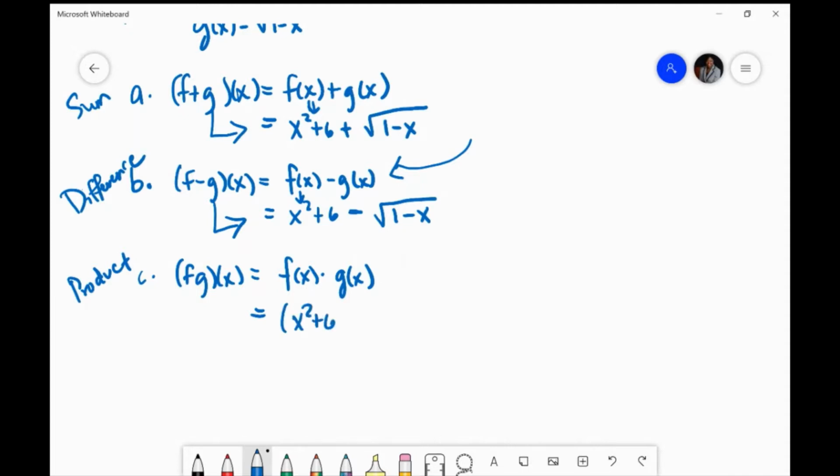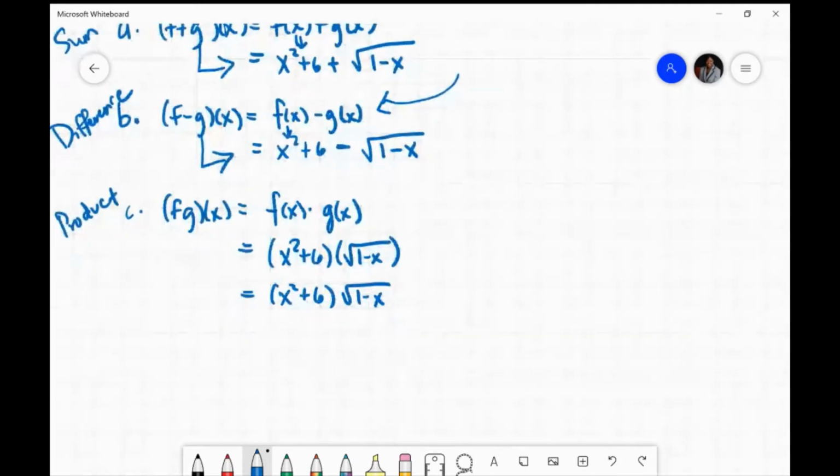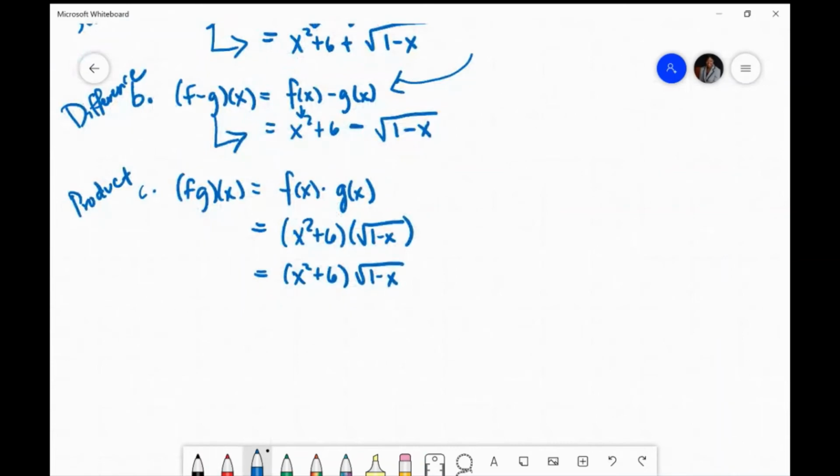X squared plus 6 times another parenthesis maybe. It's not really necessary that you put a parenthesis on this radical because it's kind of obvious that you have to multiply x squared plus 6 times all of that. It goes together. So all of this under the radical kind of goes together. You can't break it apart. It's under the radical.